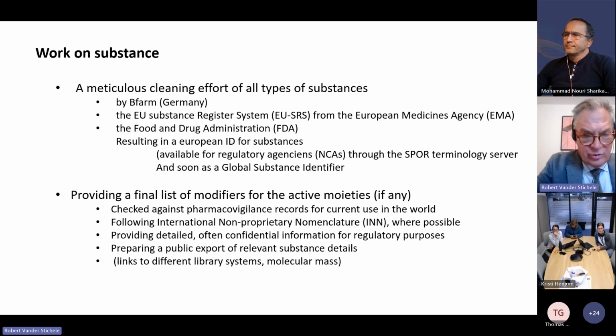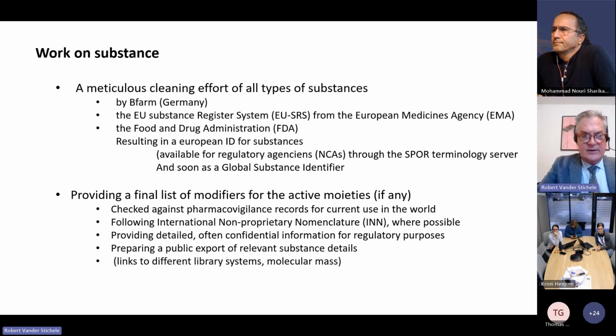And there will also be soon a global substance identifier. So one identifier for the whole world for each of the substances. And it provides a final list of modifiers for the active moieties, if there is any modifier. Not all moieties have a modifier. They're checked against pharmacovigilance records for current use in the world.